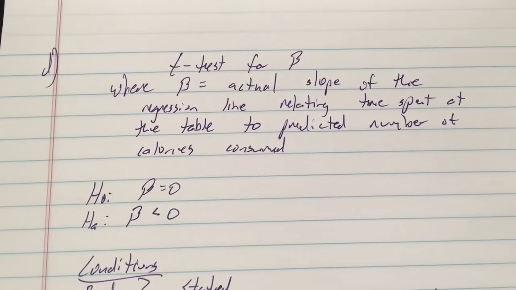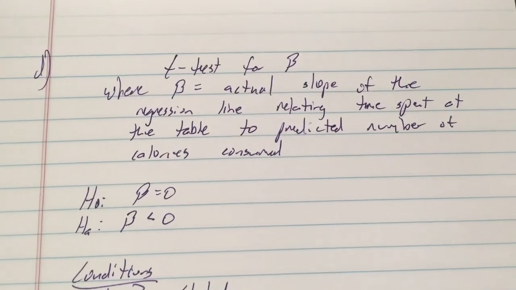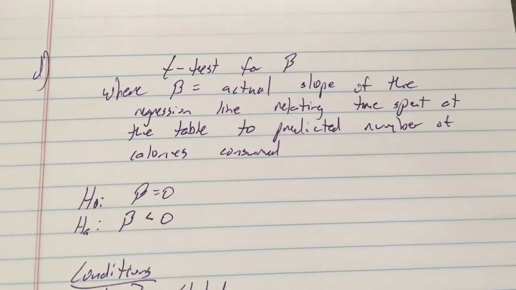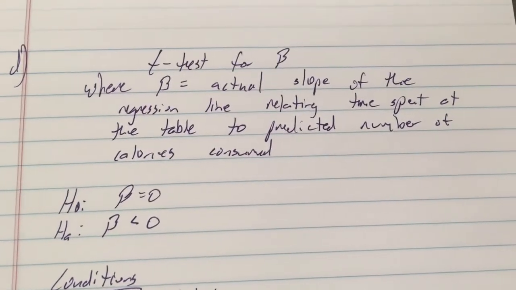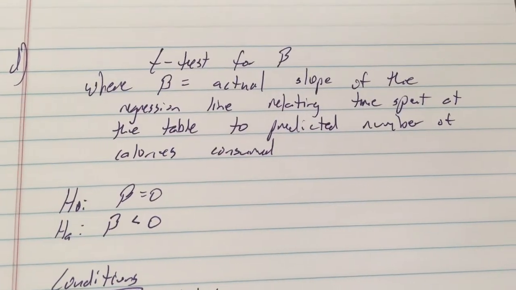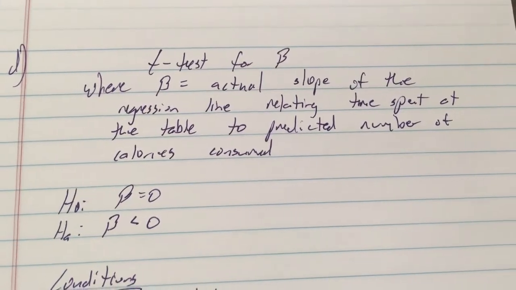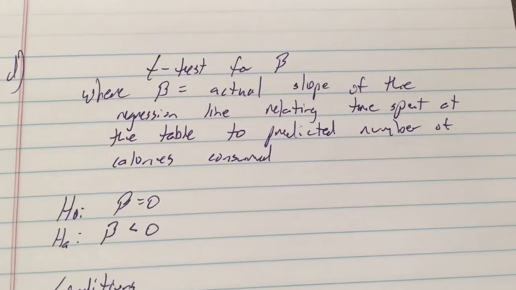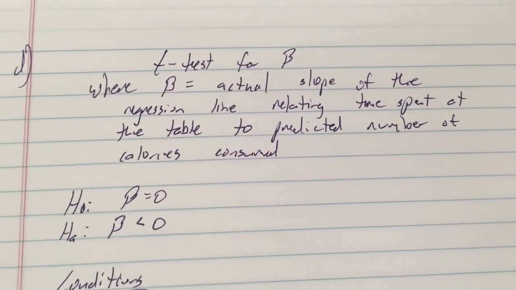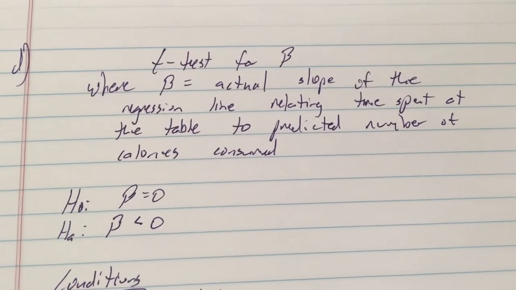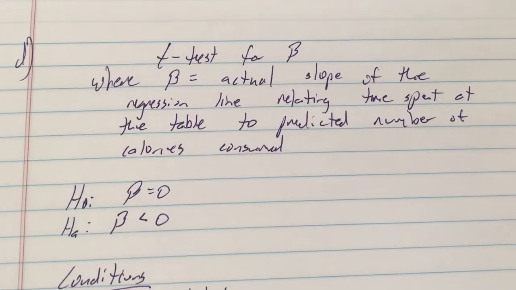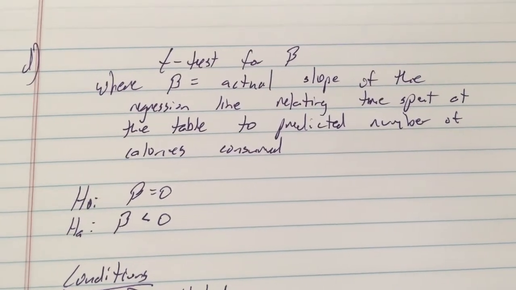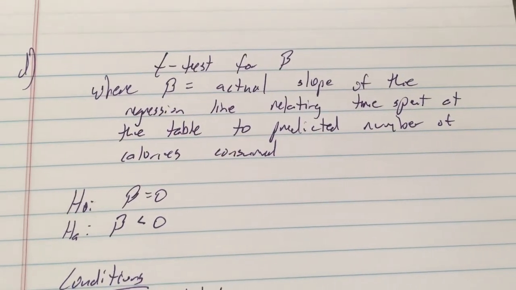They'll give you Minitab output that already has the t-score and the p-value in it. Even though your calculator can do a linear regression t-test and a linear regression t-interval, I don't think I've ever used my calculator to do one of those because the problem is almost completely solved for you with Minitab output. But I wanted to go ahead and work through this with you so you can see what it looks like.